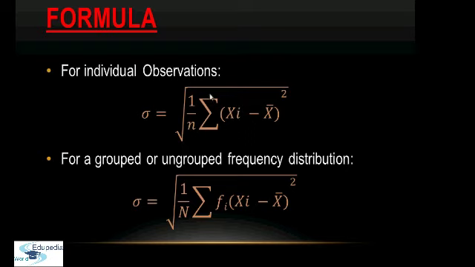In case we have a frequency distribution, either grouped or ungrouped, in both cases we simply multiply the square of the deviation with the corresponding frequency, and while dividing we take the sum of the frequencies.